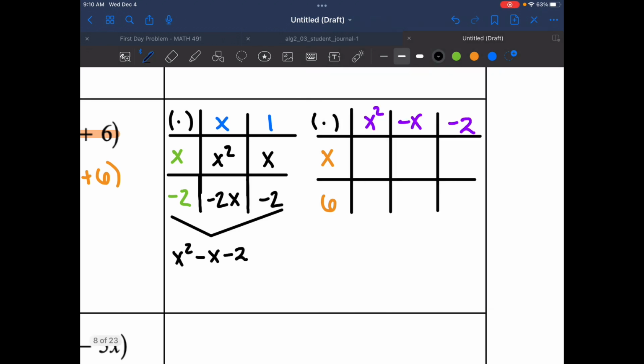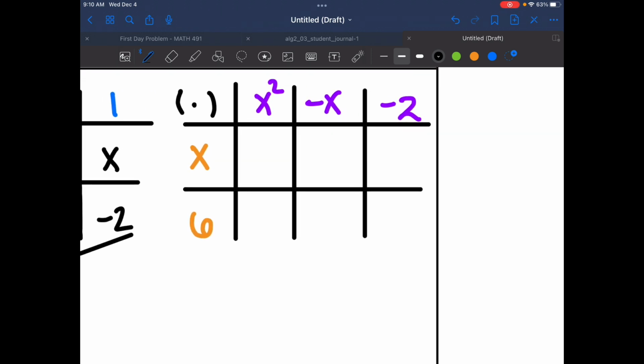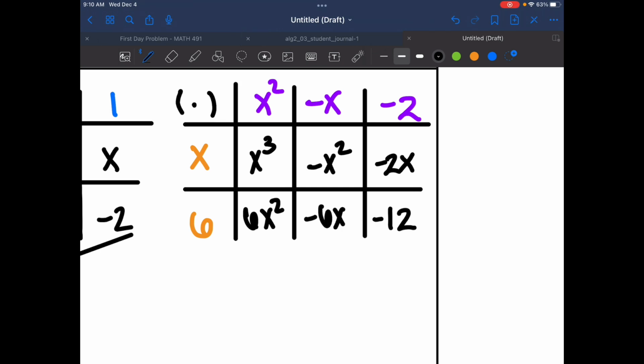And I'm going to go ahead and write it out. So this one is x to the third. This one is negative x squared. This one is negative 2x. This is 6x squared, negative 6x, and negative 12.